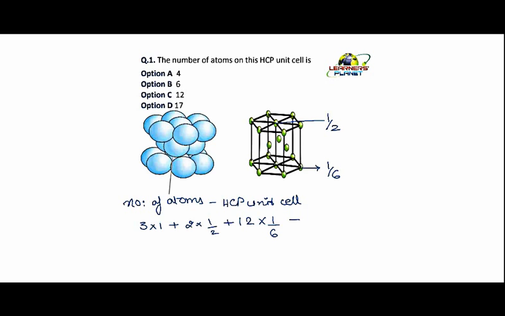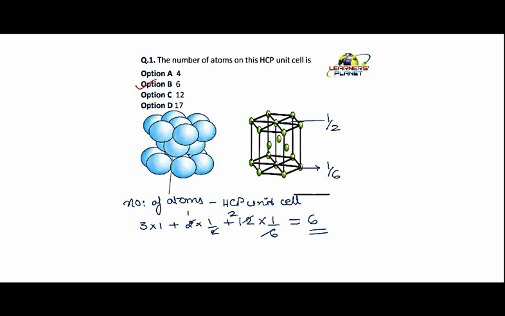So how many particles are there all in all? This will be 1 and this would be 2. So it comes out to be 6 particles per unit cell. So how many particles are present per unit cell here? 6 particles are present per unit cell.